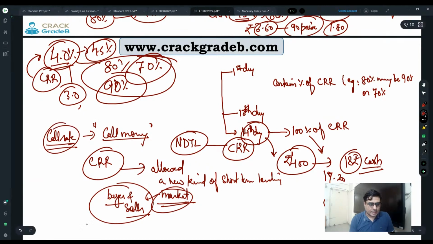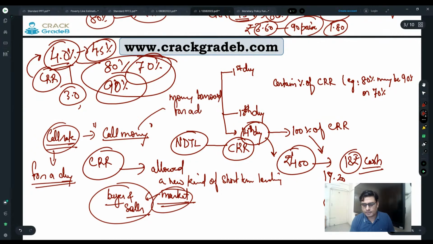So it is the interest rate for money borrowed for a day. This is call rate and call money, right? This is for a single day.